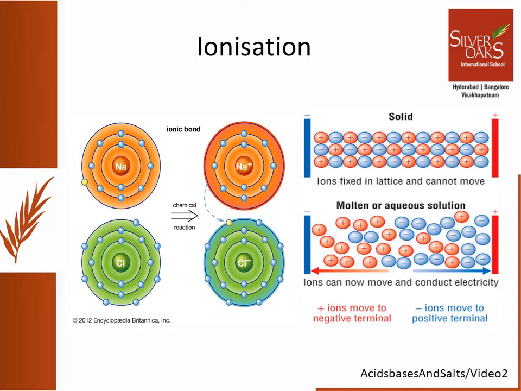But as soon as we mix in water, or dissolve this ionic compound in water, or melt it, the electrostatic forces of attraction which bind these ions together are lost or become negligible, and these ions are free to move. This process is called ionization, where the ions are free to move.